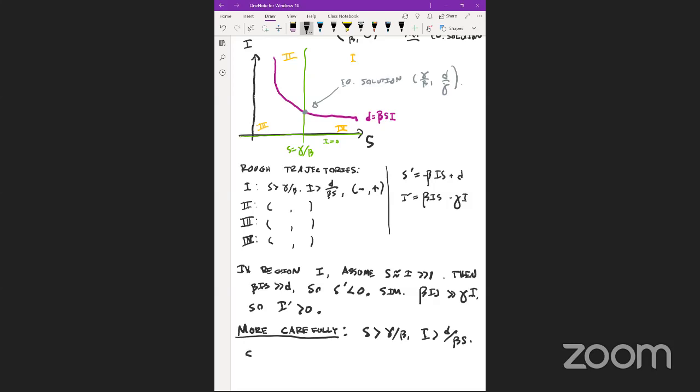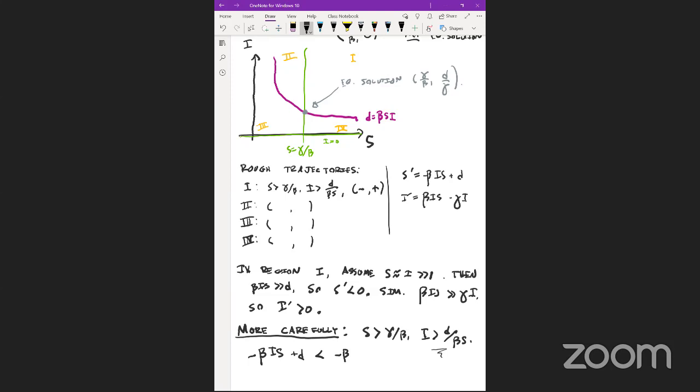So S prime, plugging this into equation 1, we get minus beta IS plus D. If I is larger than this, then this is going to be less than, when it's equal, that's 0.